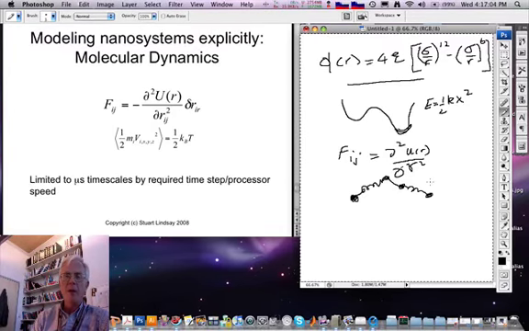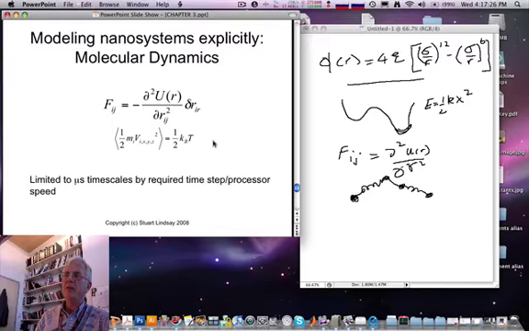So for example, if vibrations are on the picosecond or sub-picosecond timescale, then the time steps will have to correspond to a very small fraction of this, perhaps 10 to the minus 13, 14 or 15 seconds. So there will have to be many calculations per time step, and given the speed even of supercomputers, this limits the range that can be reached by molecular dynamics.